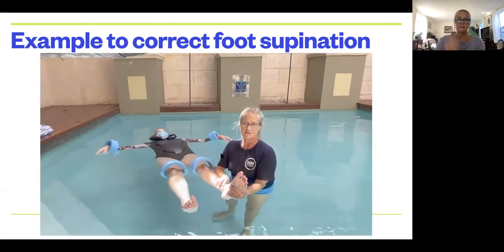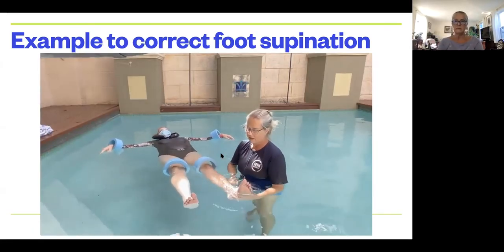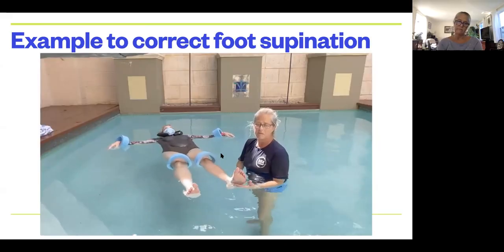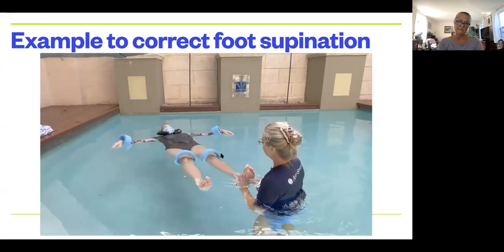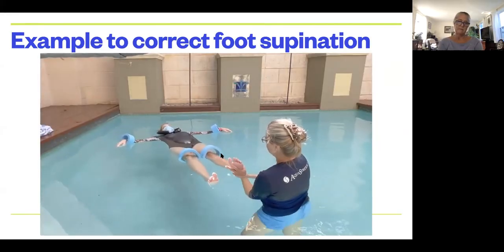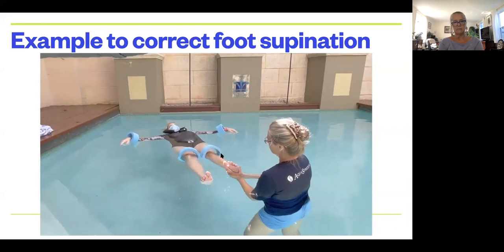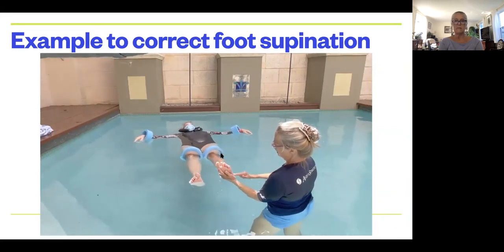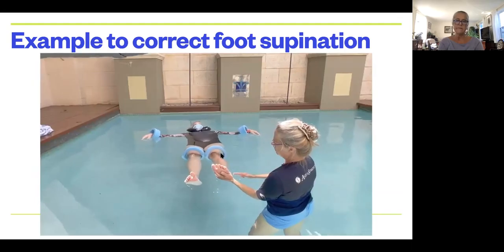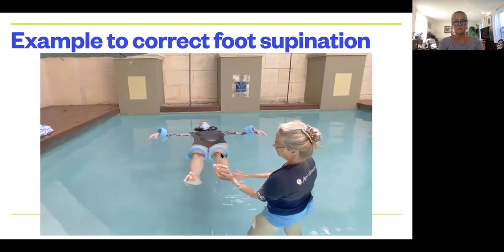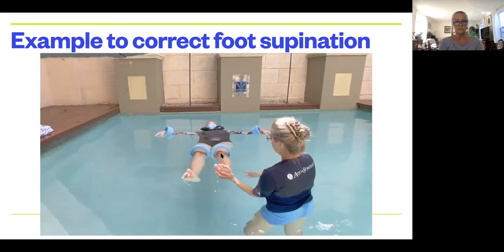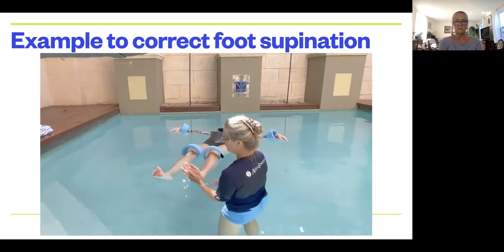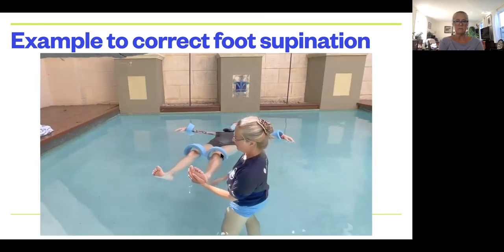So to prevent supination, I'll put my hand hold, as you saw earlier, on the medial portion of the foot, and I'm going to put the foot and the whole leg into internal rotation. This then will have her do eversion. My hand comes into the bottom of the foot, and I have her preventing her from supinating the foot.